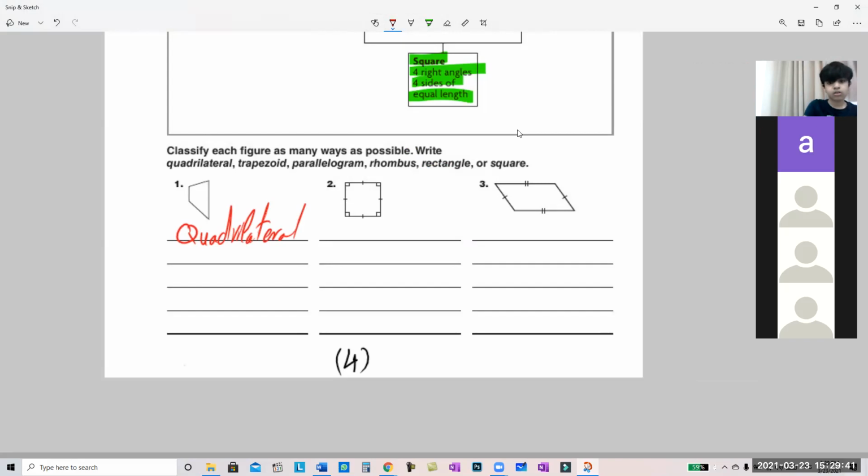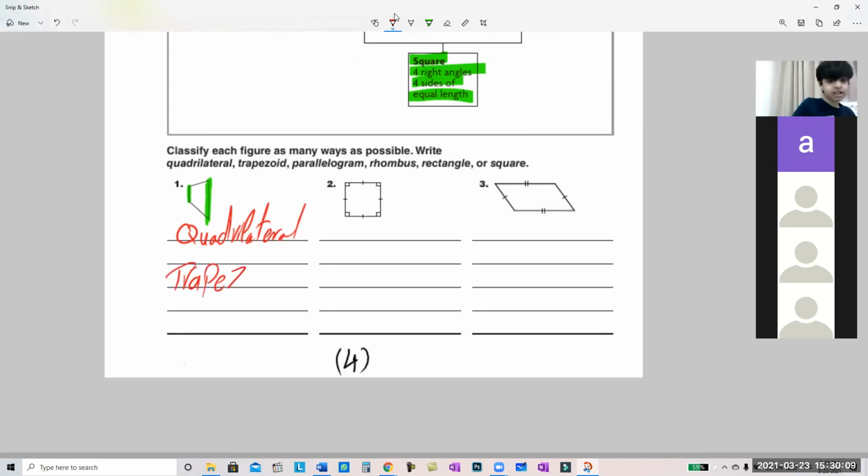Do we have two pairs of parallel lines? No. Do we have one pair of parallel lines? No. Okay, what about this pair? Yes. So we do have one pair of parallel lines, right? So we can say this is a trapezoid.